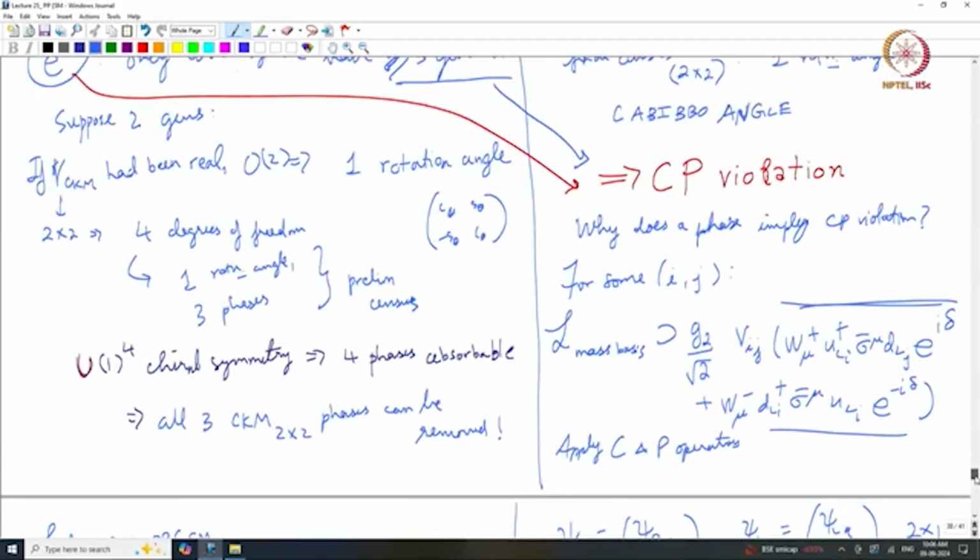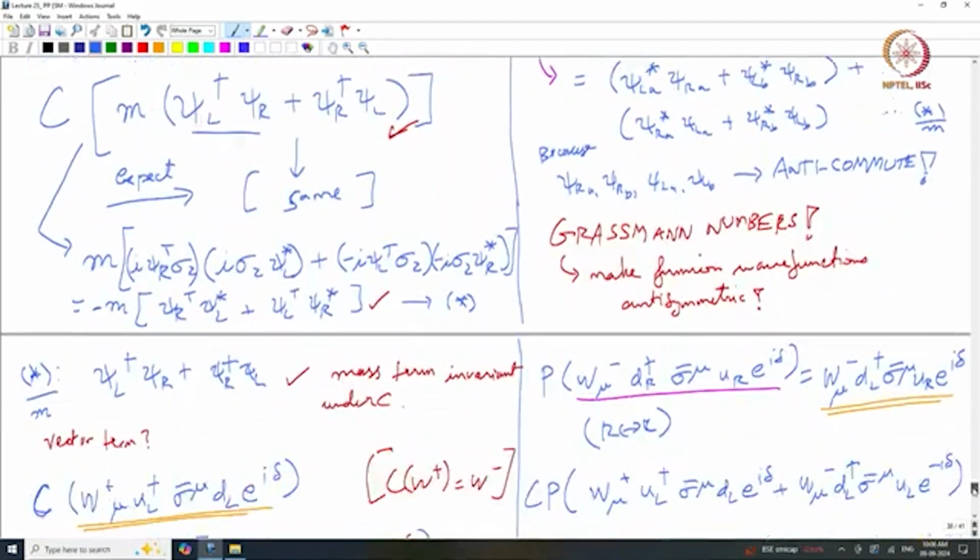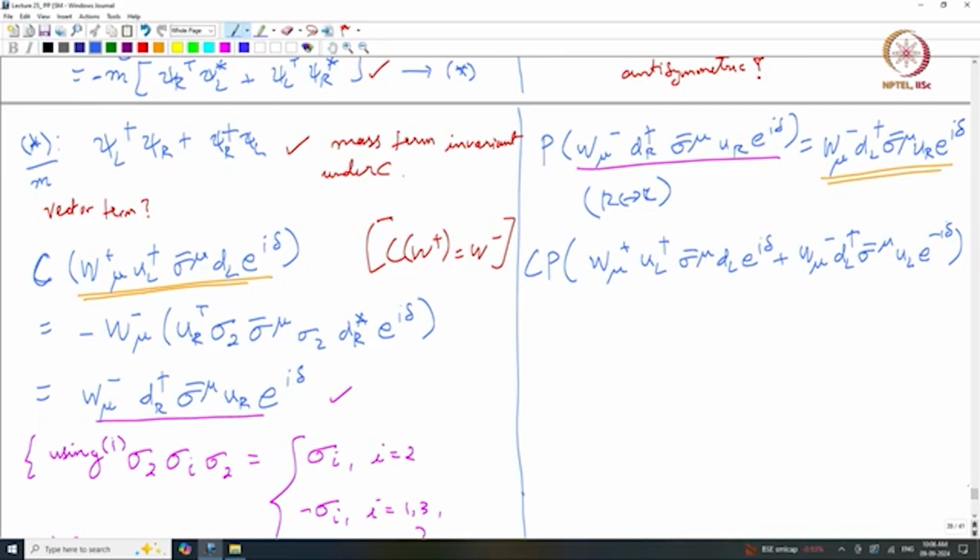That is the crucial part here, right? When we wrote down the Hermitian conjugate we had a minus here, correct? So let us see what happens under CP, and I am going to write this down in a certain way. Okay, I am going to first write down the CP conjugate of this term, second term. Okay, what is that?